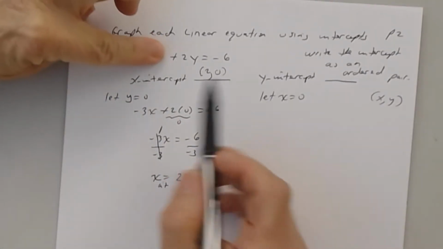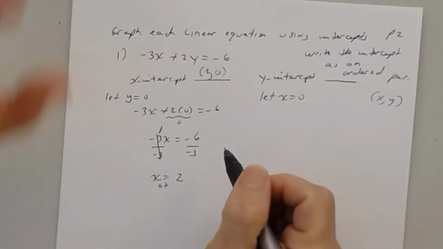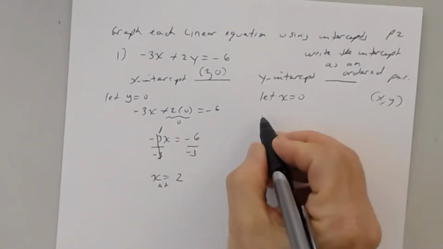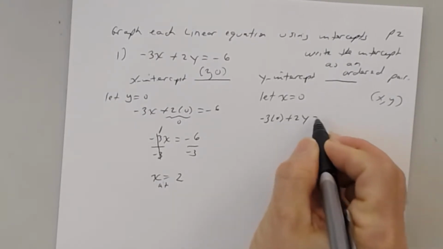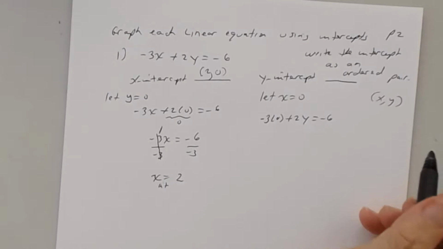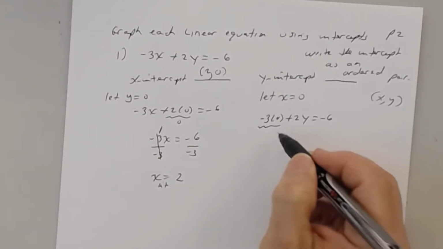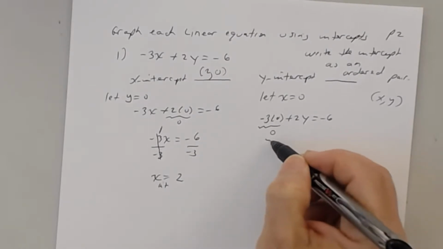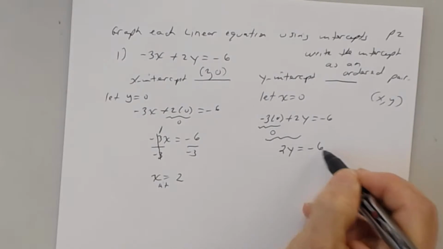So really all you have left is 2y equal negative 6. But if you want to write it out, you can. You'd say negative 3 times 0 plus 2y equal negative 6. Negative 3 times 0 is 0, and 0 plus 2y is 2y equal negative 6.